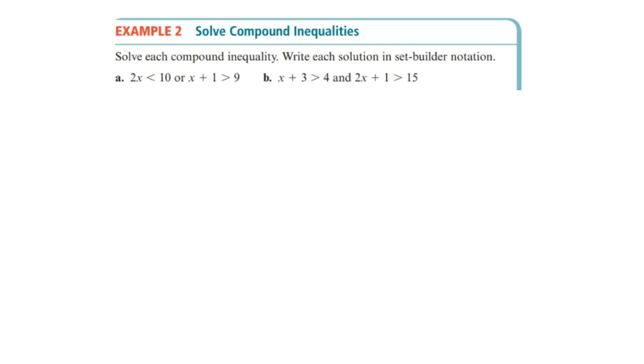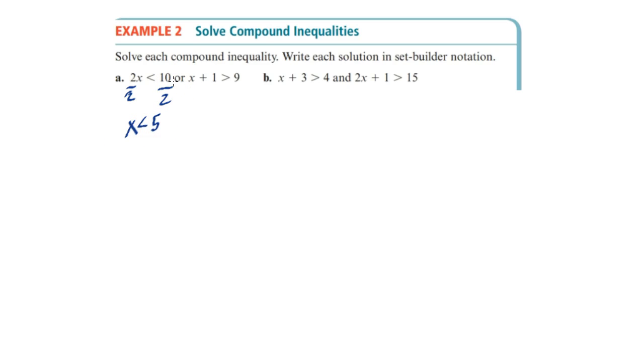Now, what we want to do first, as you can maybe guess, is solve each inequality individually. Okay, so we would first divide by 2 for the first inequality, and we would just get x is less than 5.